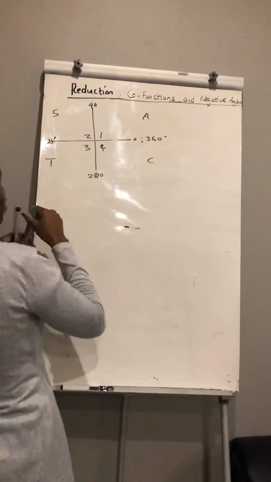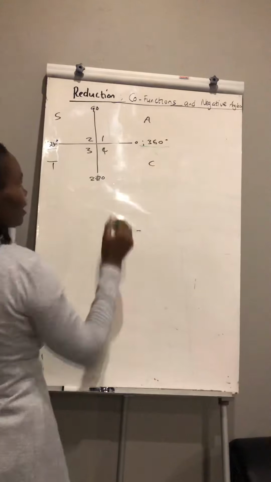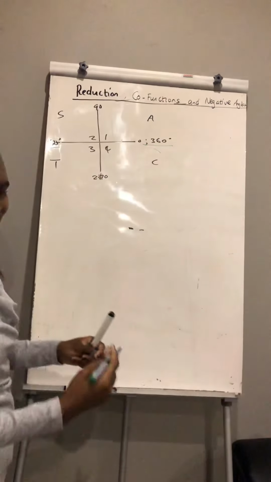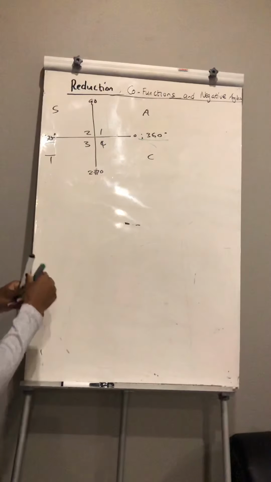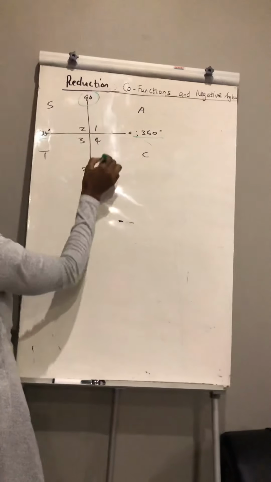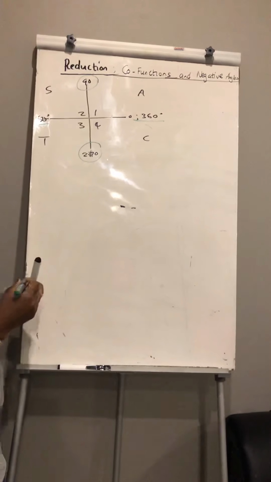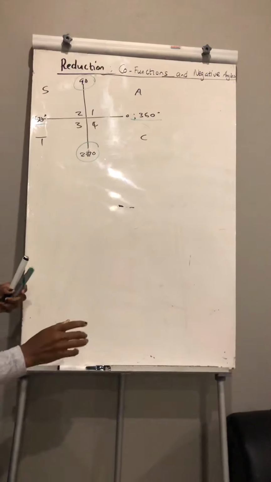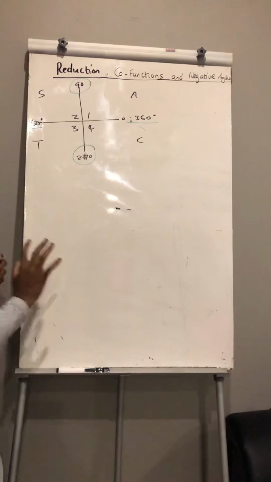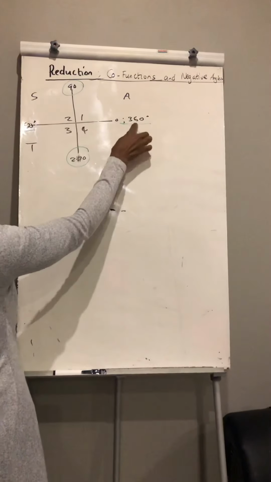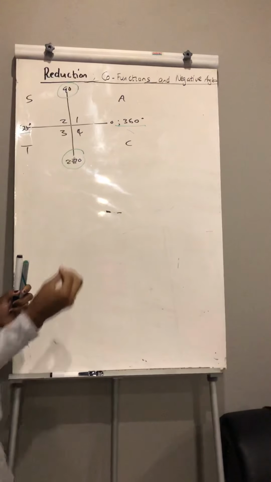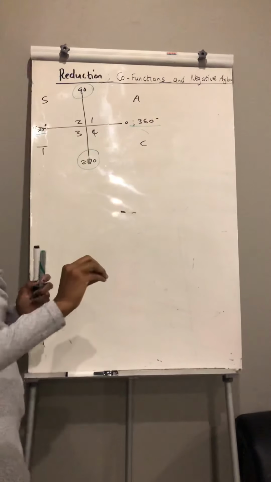We know how to use 180 and 360 to simplify our angles. So in this situation, I want us to learn how to use 90 and 270 to also do the same, to simplify. So the thing is, while we were using 180 and 360, we were maintaining the same function.